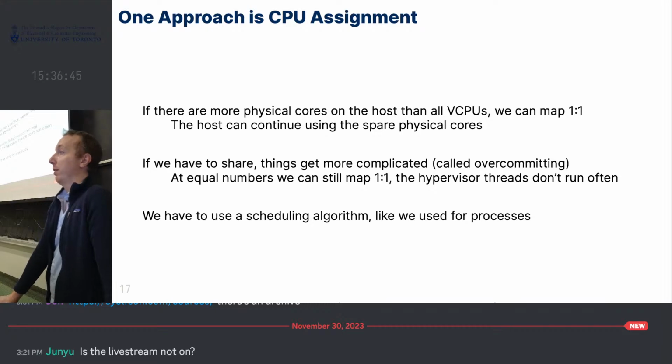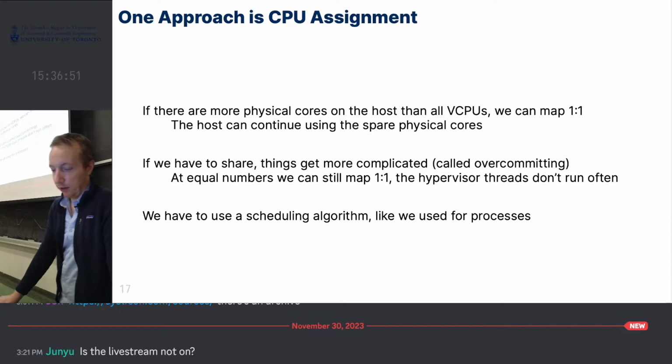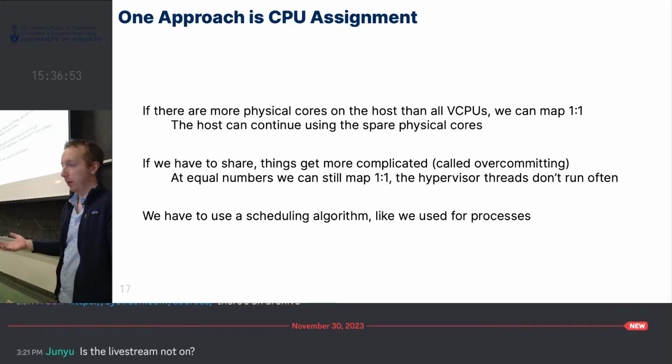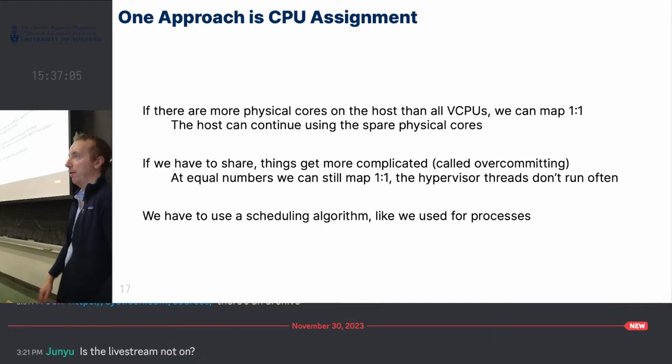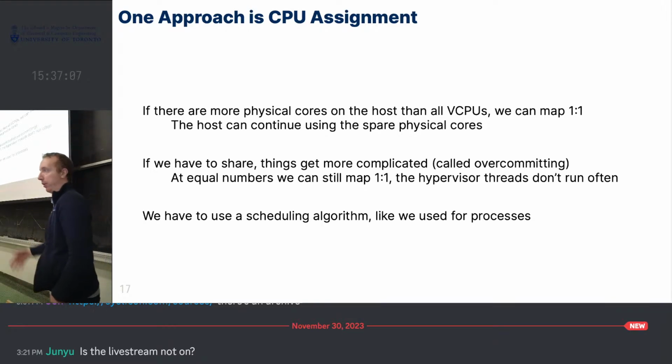Overcommitting just means my virtual machines are using more hardware than I actually physically have on my machine. So if I don't overcommit, it's a lot easier. I just map things, and I don't have to worry about context switching. But if I overcommit, then I have to worry about context switching, and things get more complicated. So then you would have scheduling algorithms. They would look exactly like what we use for processes.